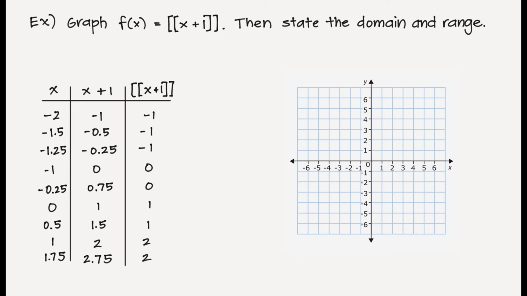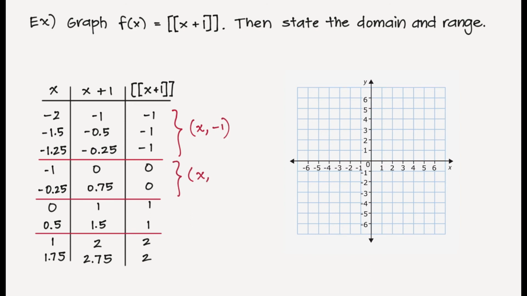So now I want you guys to notice the breakdown of how some of these x values are giving me the same value in the function. For instance, any of those x values are giving me the y value of -1, of 0, of 1, and then of positive 2 as well, and so on.